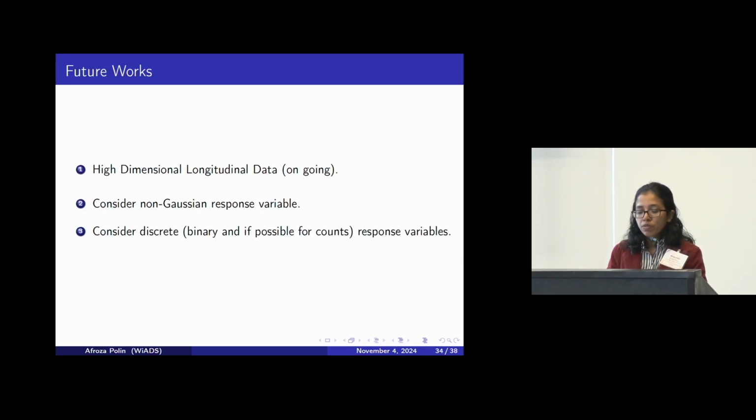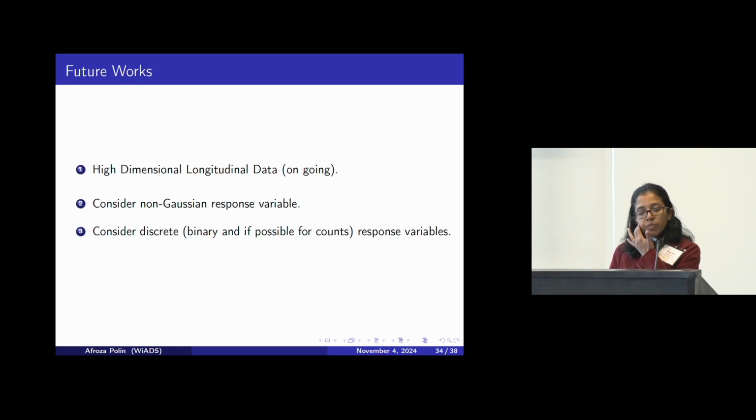So for future work, I'm working on the high-dimensional longitudinal data part, where we do the transformation and then fit a similar model for that longitudinal data. And for non-Gaussian, that means if the response variable is not normal, we cannot just use the linear model. We need to use the GLM, the generalized linear model.